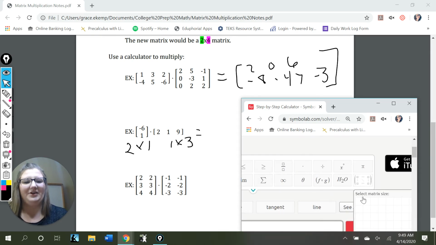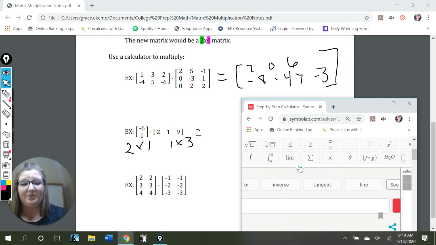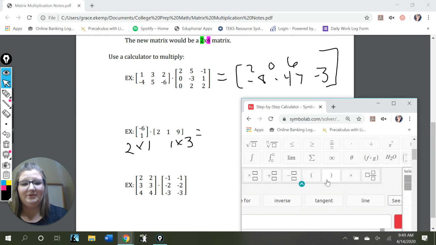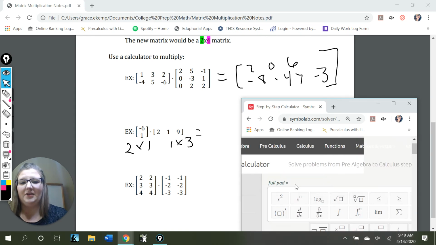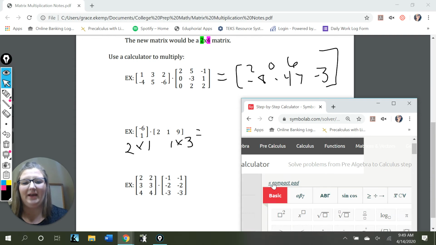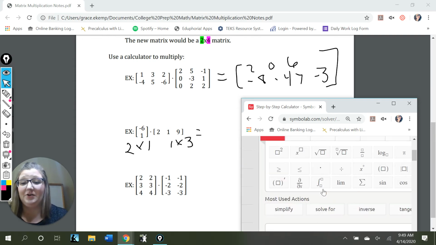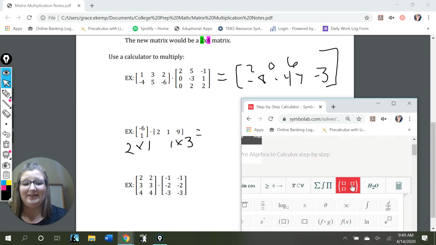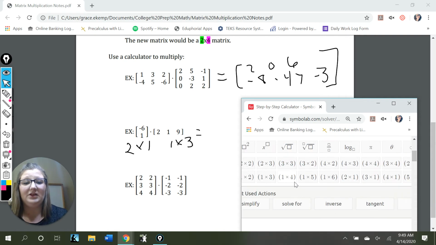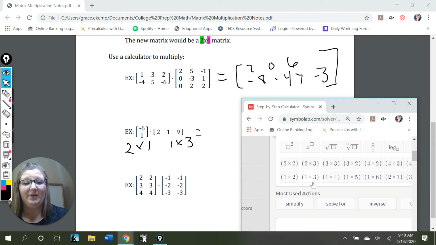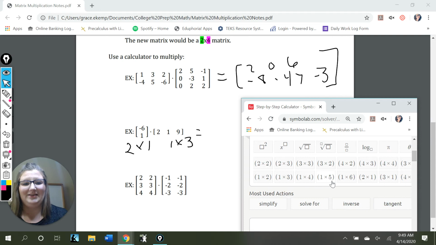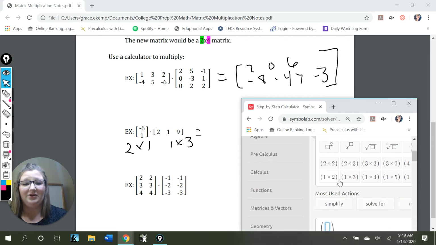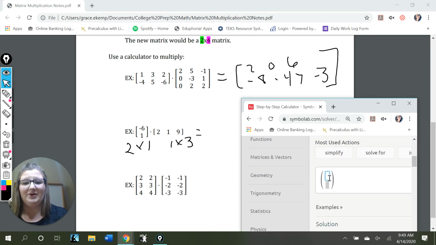And this is the one where you can just select the matrix size. You actually have to move it around. Or if you would prefer, you can click this up here that says full pad, and that'll take you back to that normal matrix pad where you can select this button here. So we need a 2x1 matrix, so we can look and see if that's one of the options, and they do have that here. So our 2x1 matrix was -6, 1.